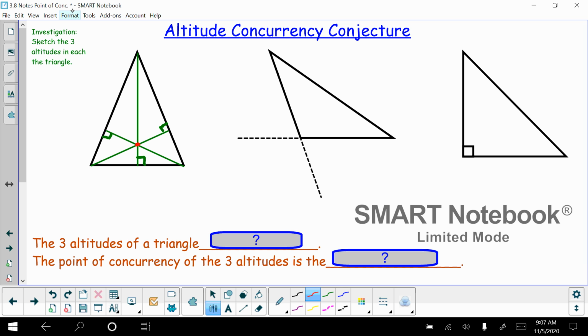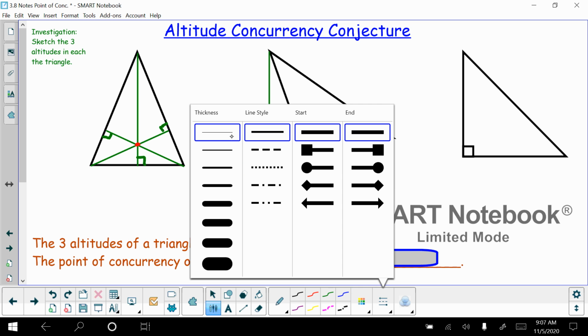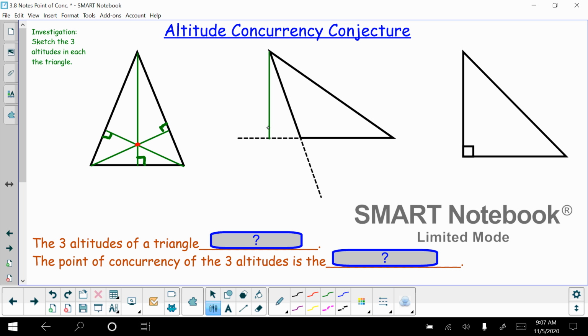Let's try it in this next triangle over here. Okay, and this one's weird because the altitudes are going to end up having to be outside of the triangle. And I know you've seen this before, but like so. So you see how this altitude is outside the triangle, when in fact the other ones over here in this triangle are inside the triangle.